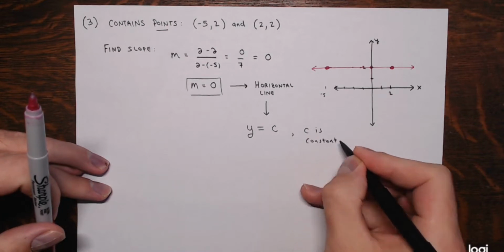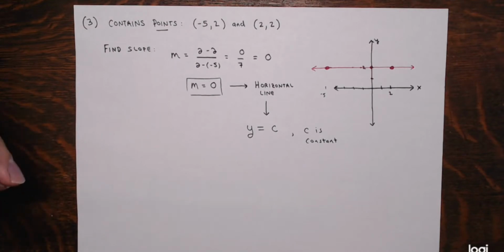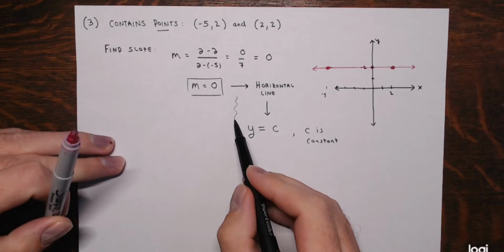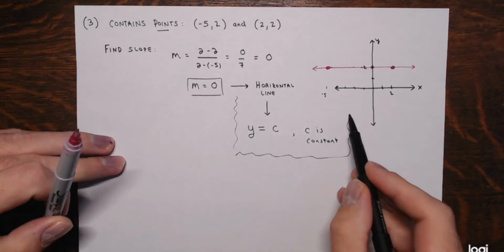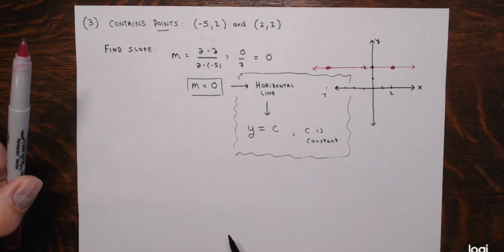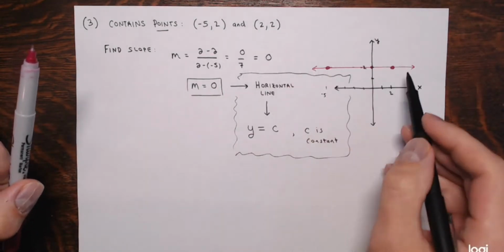And you really don't have to put this in any other form. I know there's point slope form and slope intercept form and standard form, but for a horizontal line, you only need to put the equation in this simple form, just y equals c. And c is the number that is always the y coordinate.